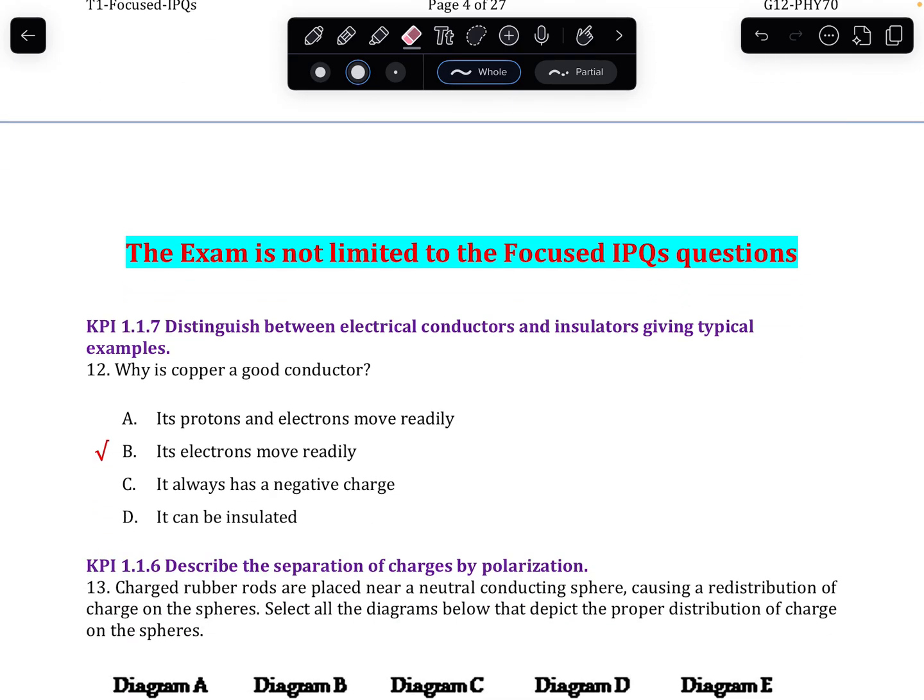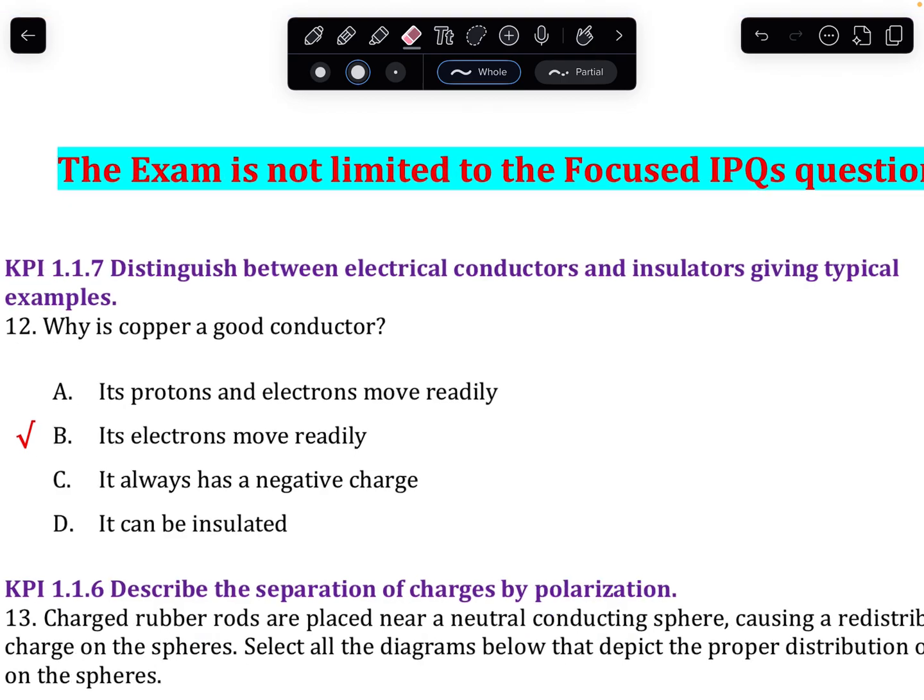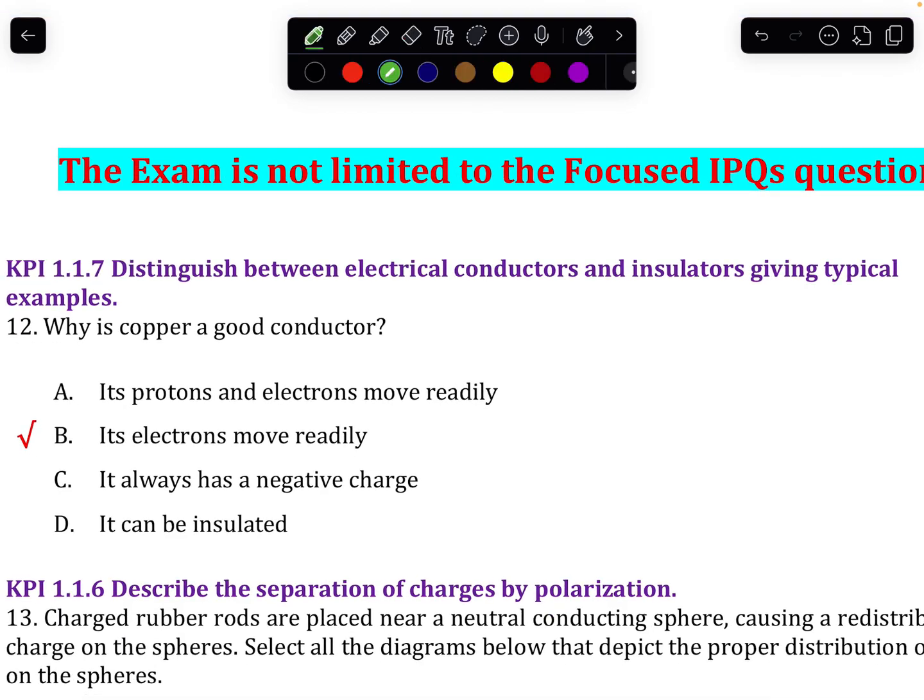Also distinguish between electrical conductors. Why is copper a good conductor? Because, as we said, it has electrons that can move readily, not protons and electrons, only free electrons to move freely within the conductor. It does not always have a negative charge, of course not, and it can be insulated.